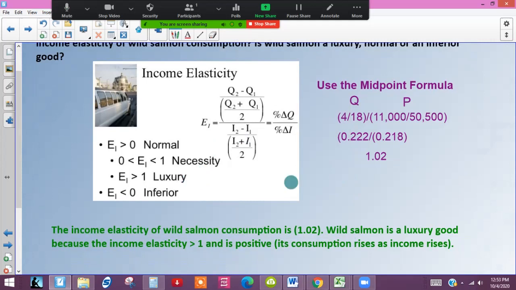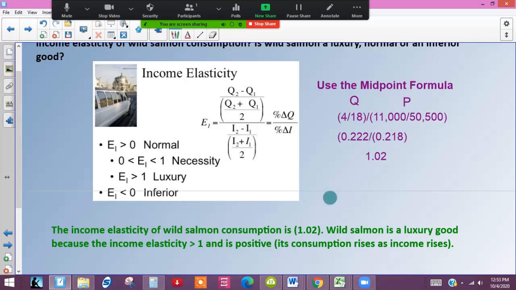If it was greater than 0, it would be a normal good, and if it was negative or less than 0, it would be an inferior good, right? You don't see this term a lot right here. You're going to be mainly concerned with, is it normal or is it inferior?